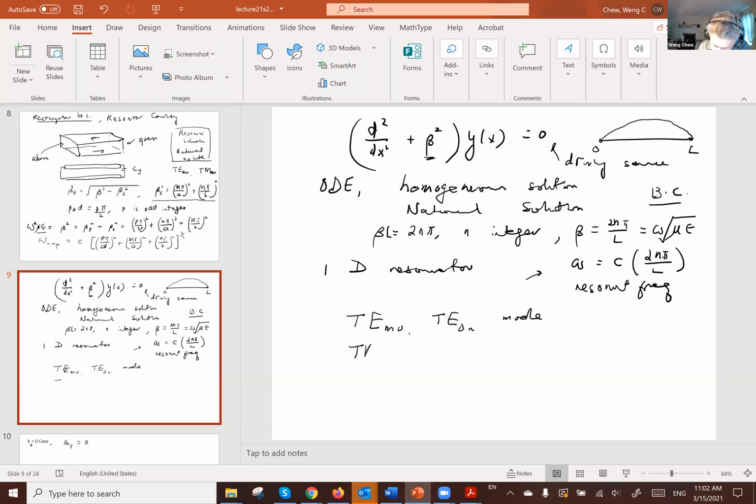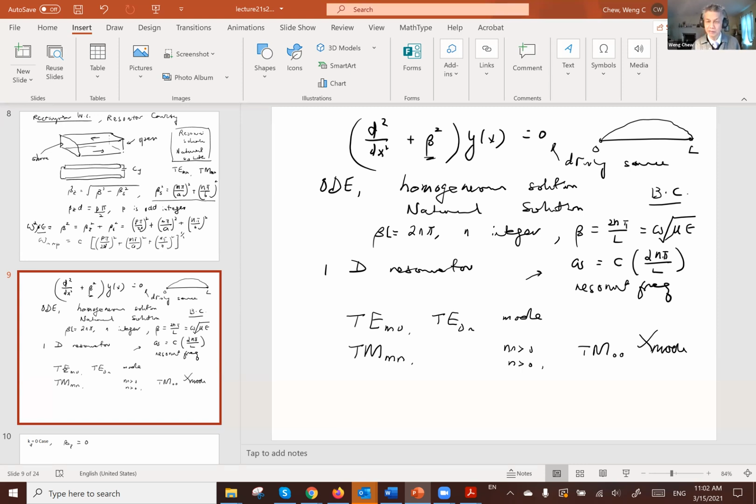And then for TM modes, we can have TMMN. M has to be greater than 0. N has to be greater than 0. There's no TM00 mode. Okay, this mode is not there.